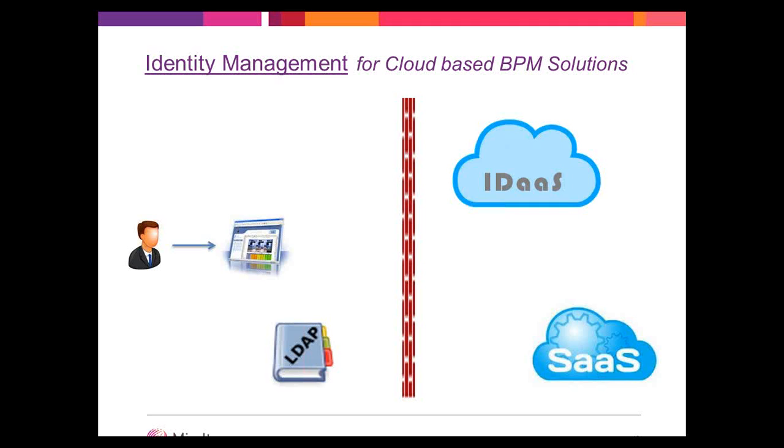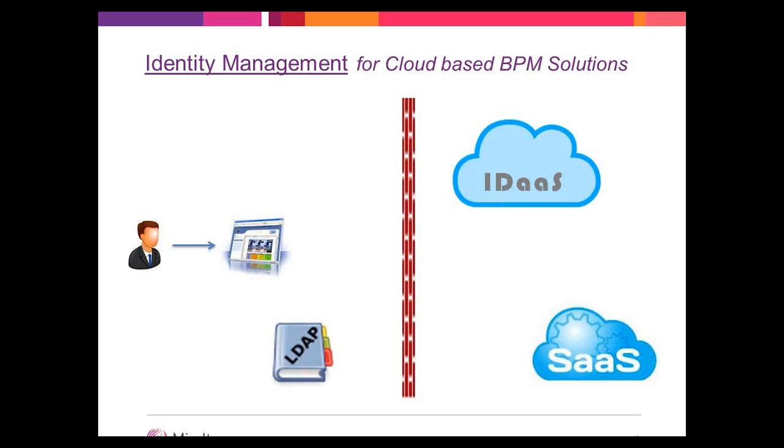Each time, they can't have their credentials passed to the SaaS-based application. So instead, they'll offload the security authorization and authentication to an identity as a service provider. So basically, the identity as a service provider will act as a single security enforcement point.